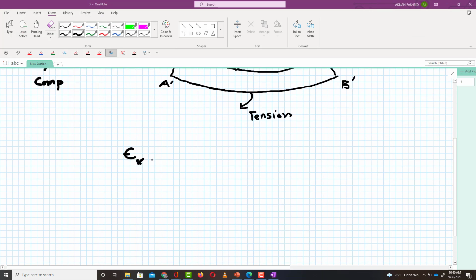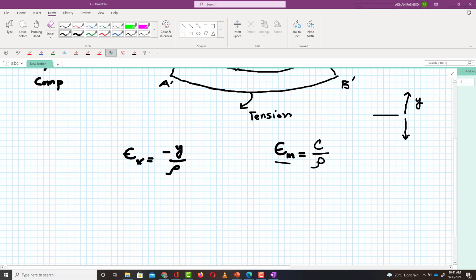Epsilon x is equal to minus y over rho. Okay? So maximum strain was c over rho. Why c over rho? Because from the neutral axis to the uppermost layer, this y is positive, and from the neutral axis to the lower portion, this y will be negative.